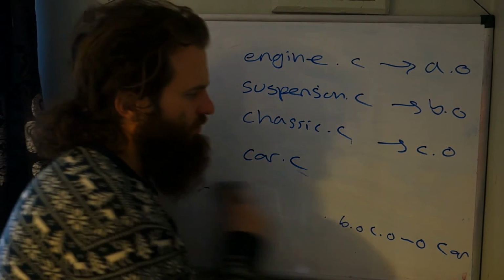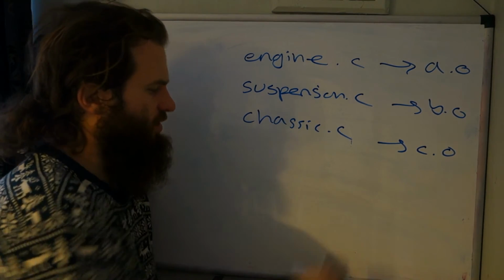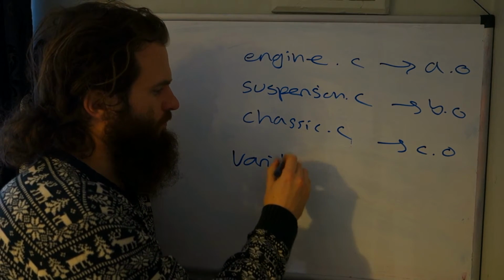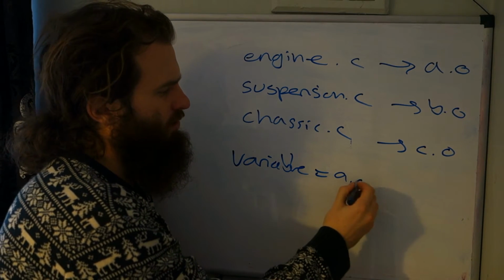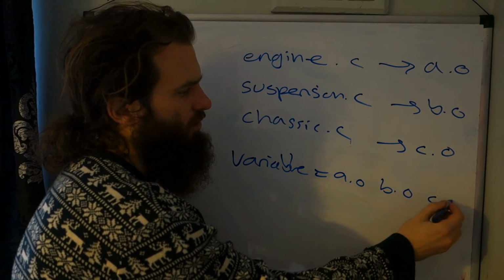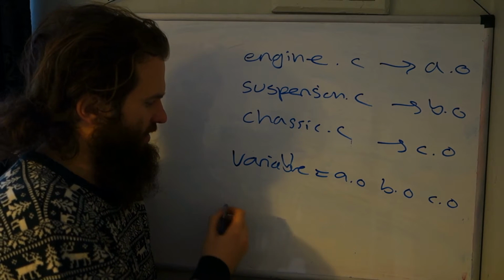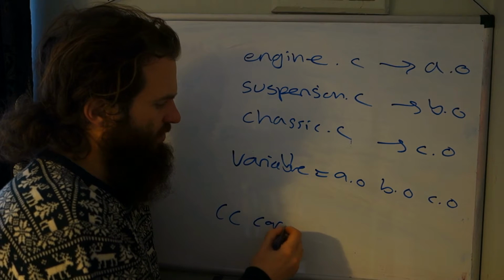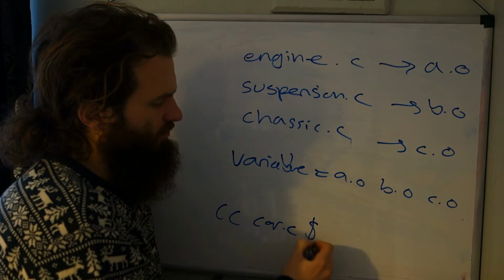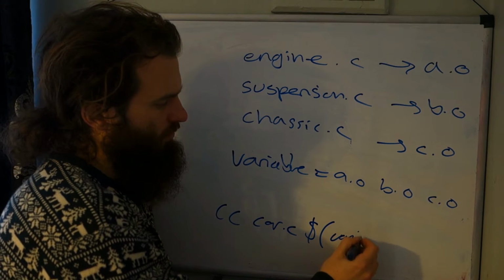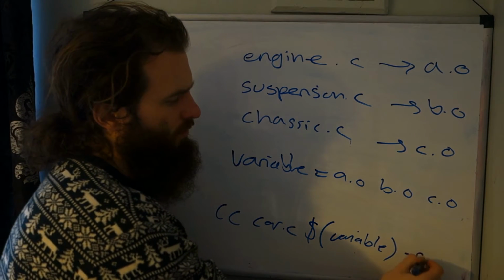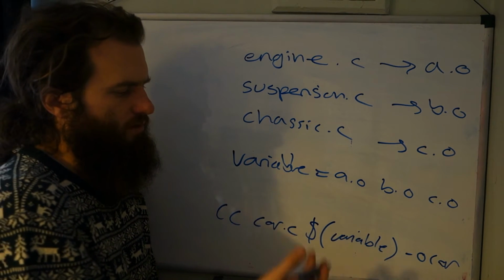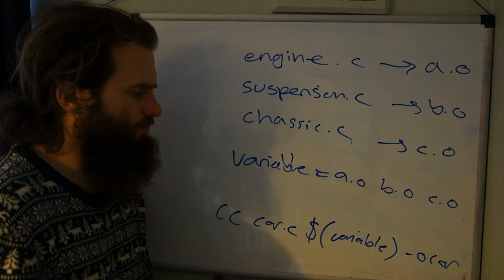Luckily Makefiles support variables, so we can say variable equals A.O, B.O, C.O. Then in our target rule, we might say cc car.c $(variable) -o car. So we can reference variables like that, and of course the variable has to be defined before we can use it in our Makefile.